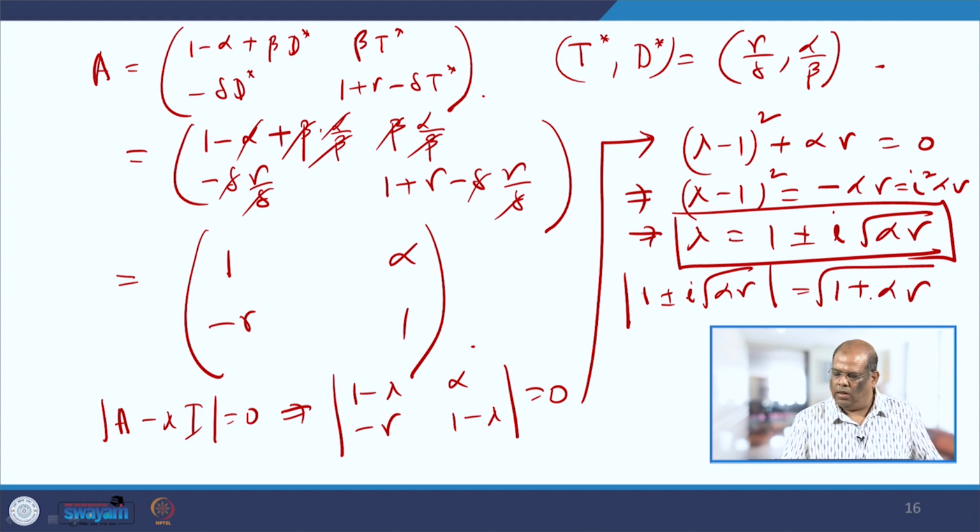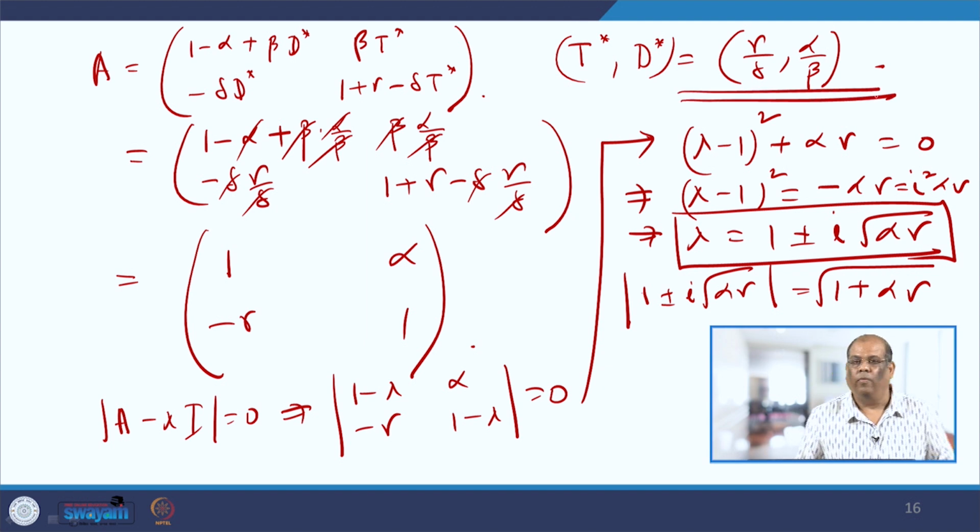Again, you can see that this will be greater than 1, and these alpha, beta, gamma, delta are positive and lie between 0 and 1, and hence the modulus of this is greater than 1, and hence this system is also unstable at the non-zero equilibrium point. So this model, the nonlinear one, is not a very good model. As you can see, whatever equilibrium points we have, the whole model is unstable no matter what the parameter values are.